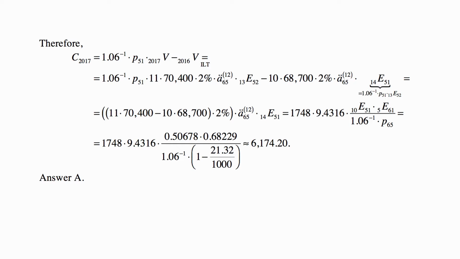So we have to divide it by 1.06 to the negative 1 times P65 to make it equivalent. And that number P65 is also in the table. It's actually Q65, which is 21.32 per thousand. So we use all this information from the illustrative life table. We plug in the numbers, and we have the answer, 6174.20, which is answer A.